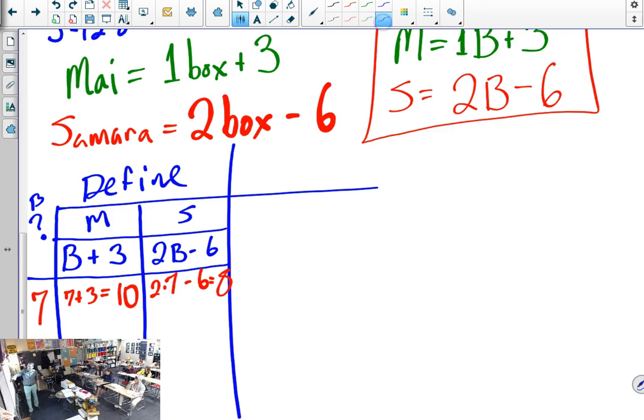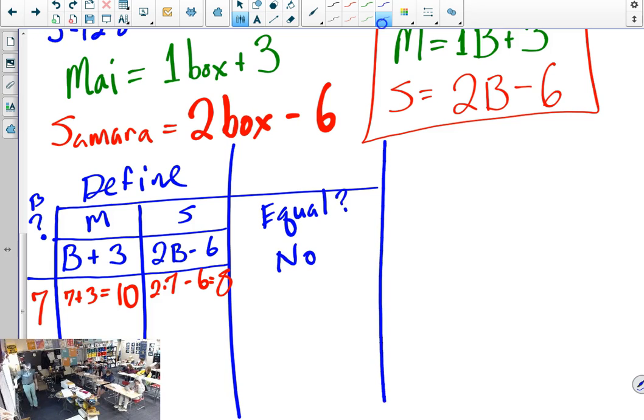You and your partner decide here. They're not equal. Try another guess. We know 7 doesn't work, right? It's kind of hard to know whether this is too low or too high, because we're not shooting for a target number.